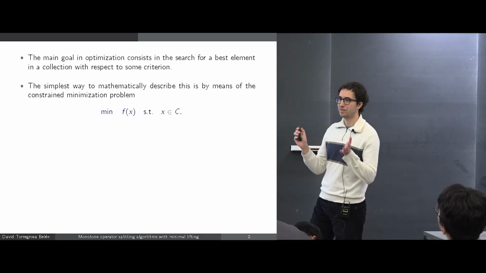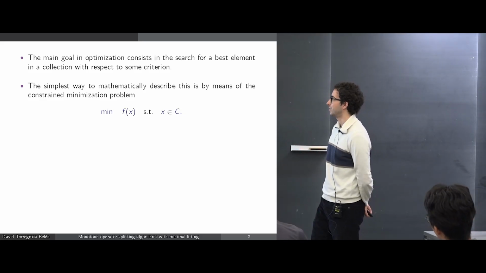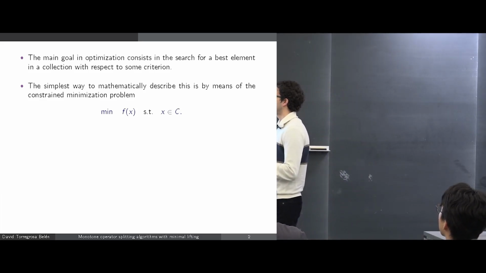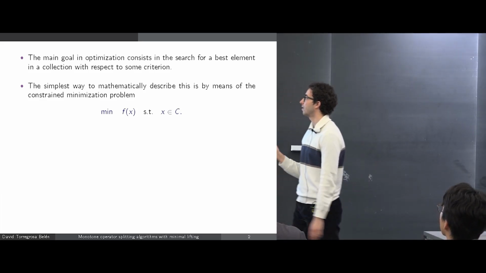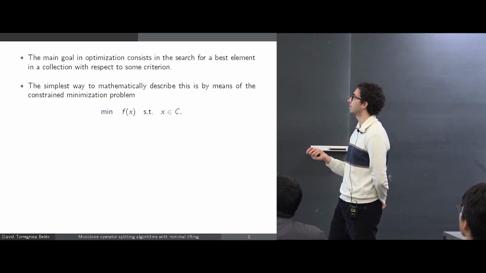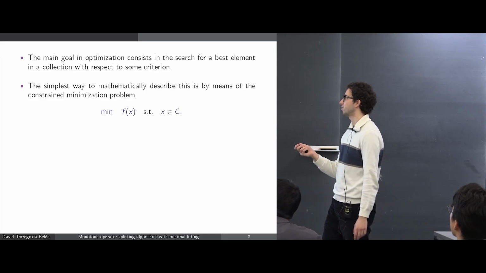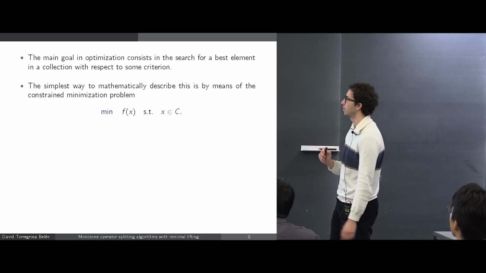Since I think that the audience is very heterogeneous, I want to start by saying a few words about optimization. I like to understand the main goal in optimization as the search for a best element in a collection with respect to some criterion.